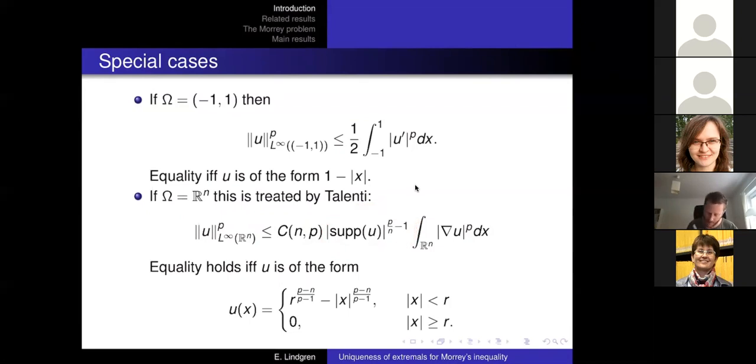And this inequality here was treated by Talenti. And he proved that optimal functions in this inequality have to be of this form here.